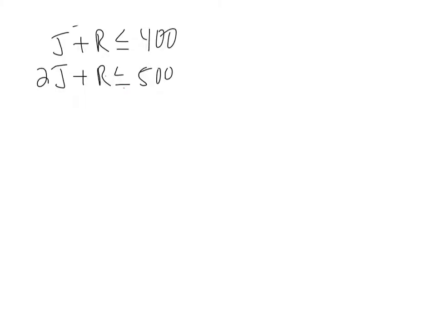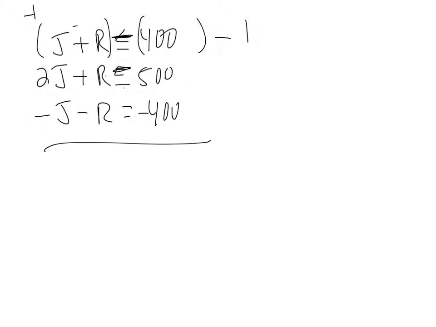Remember when you're solving linear inequalities, you can just pretend that these are equal signs for a few minutes. So I'm going to multiply this top equation by -1. I better do this right. So -j minus r equals -400. So that tells me j equals 100.